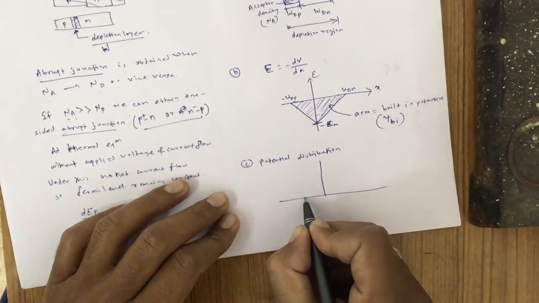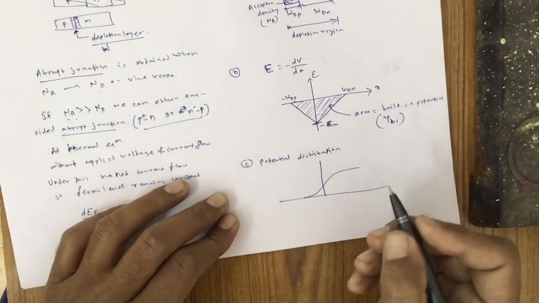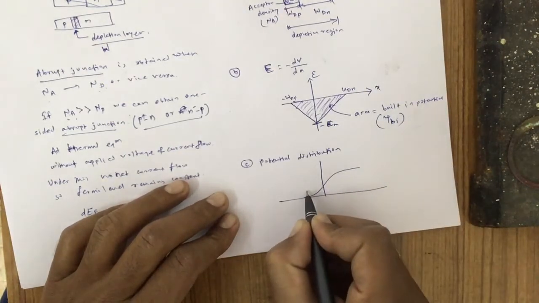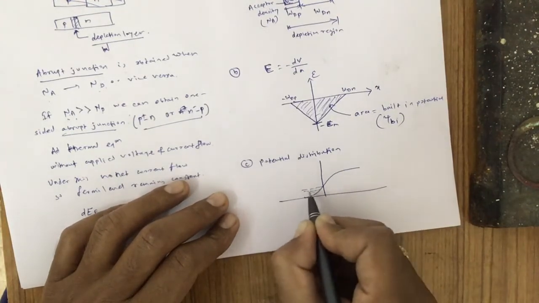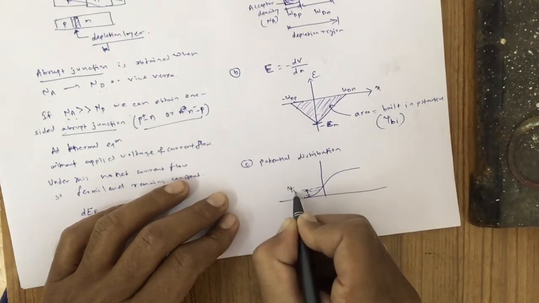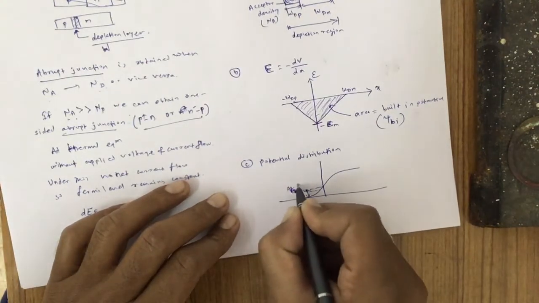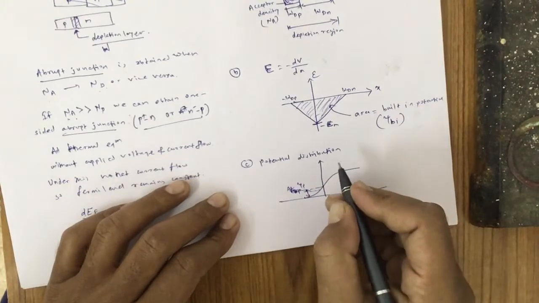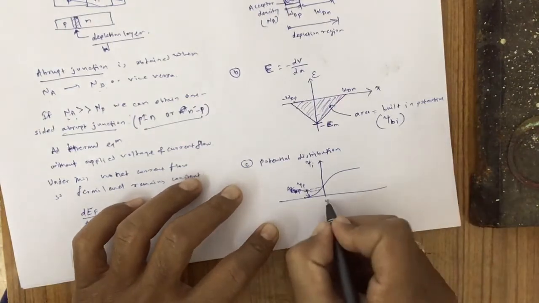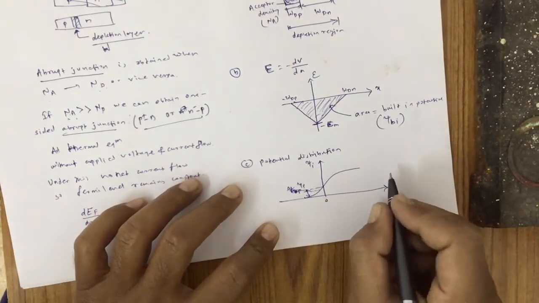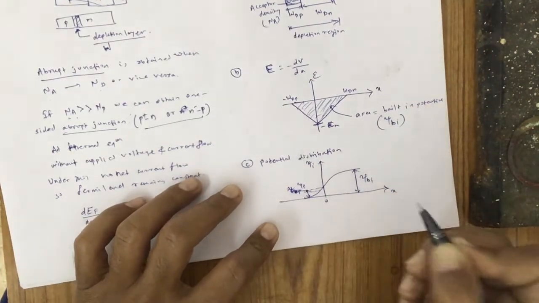This much potential is psi p. On the y axis is the built-in potential, this is the x axis, and the total potential this much is psi bi.